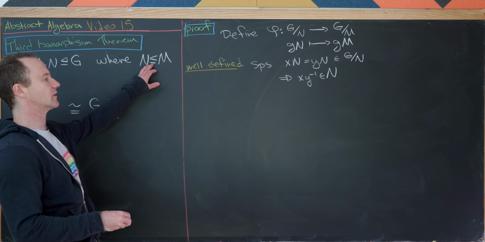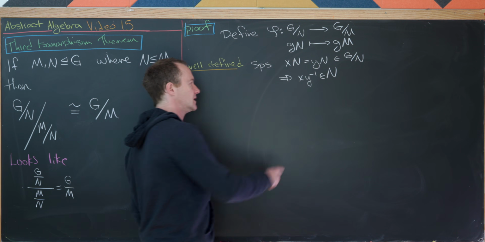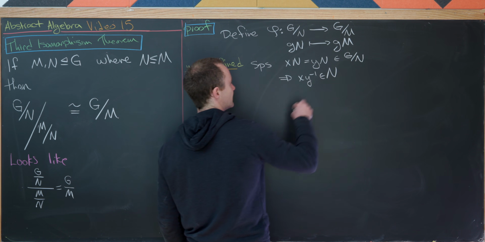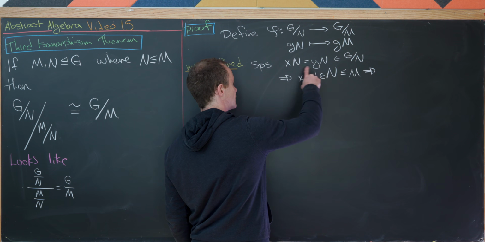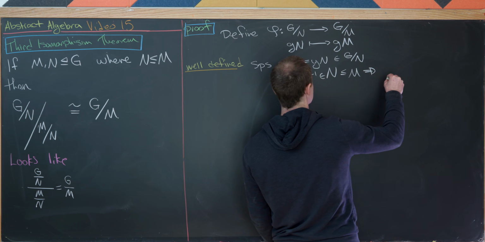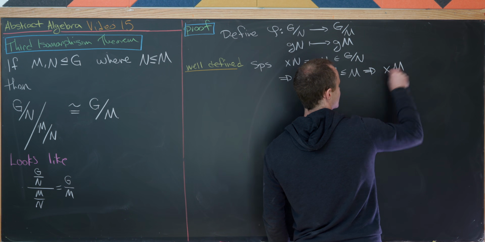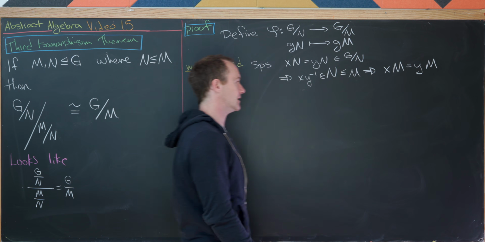Oh, but look over here, we essentially have it. Notice that n is a subgroup of m, so if xy inverse is inside of n, then it must also be inside of m. So just read this from the left to the right, xy inverse is inside of m. But that's exactly the condition for the coset xm to be equal to the coset ym.